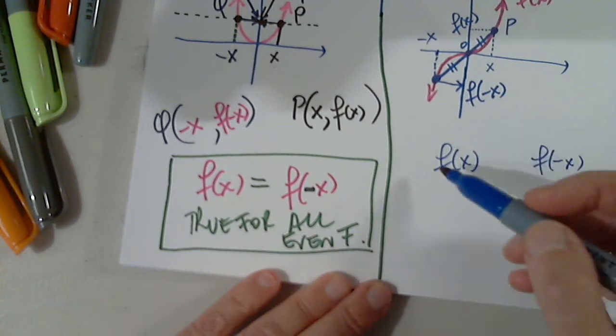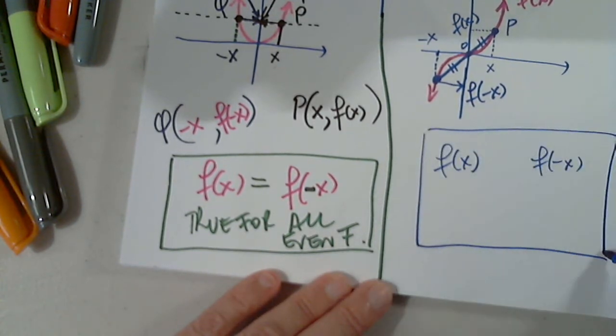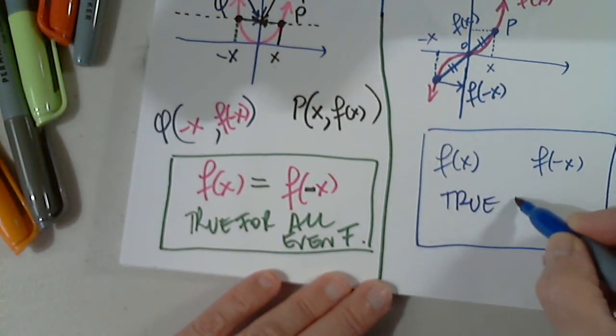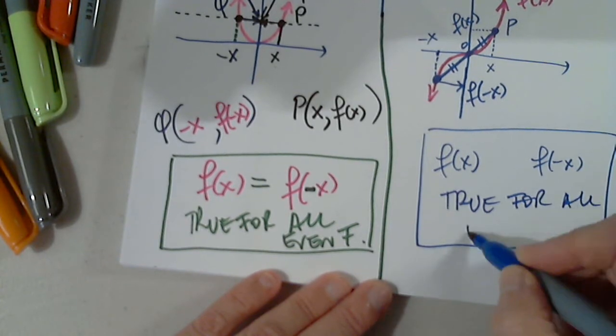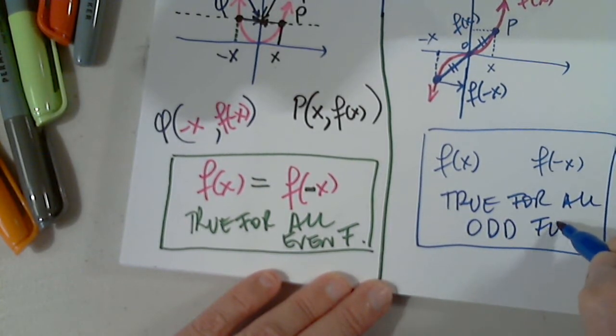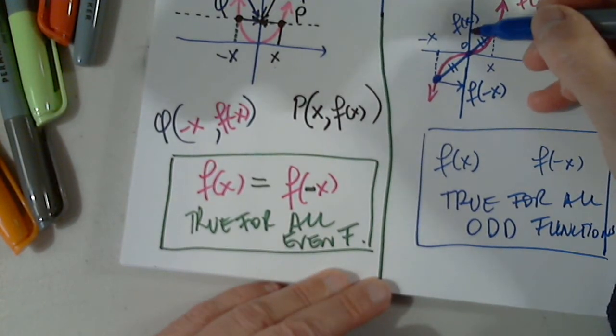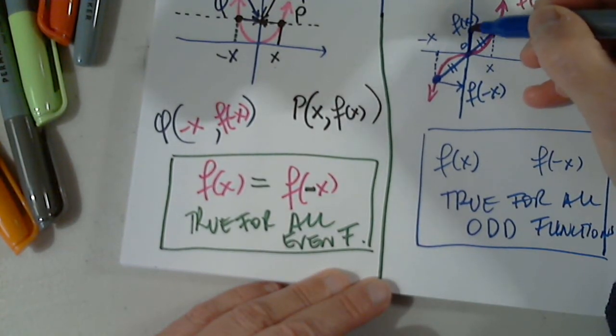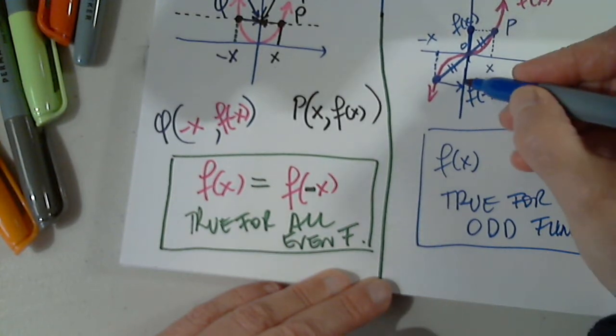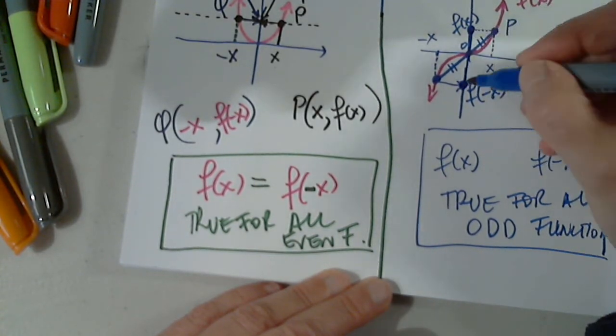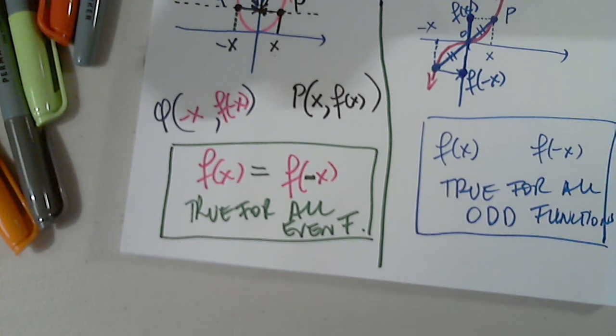Like I asked you before, and this will be true for all odd functions. So I'm asking you the relationship between this value and this value. Are they equal? What do you think?